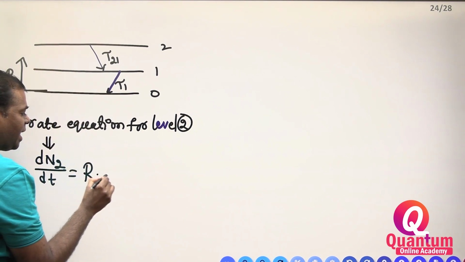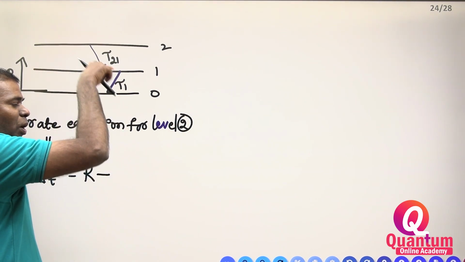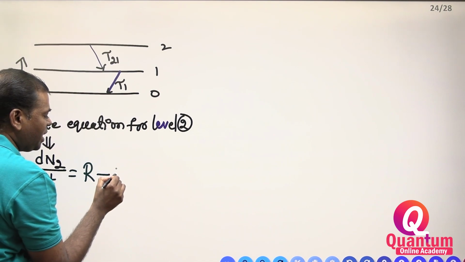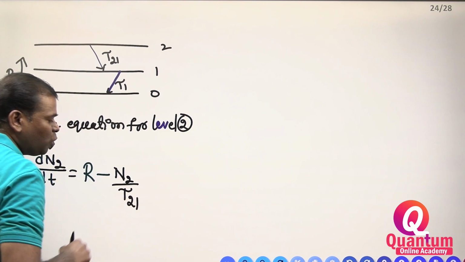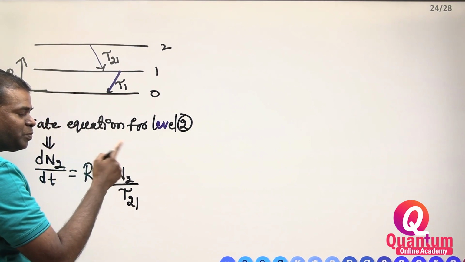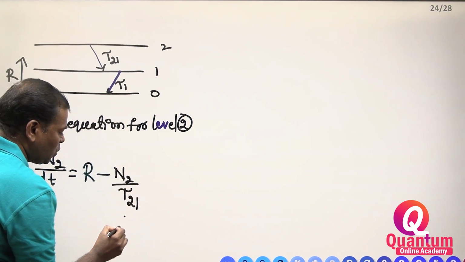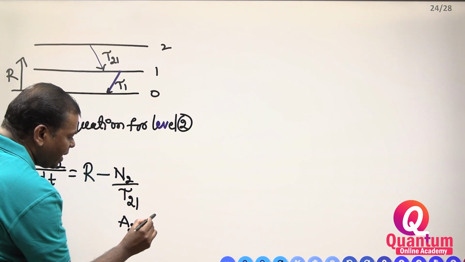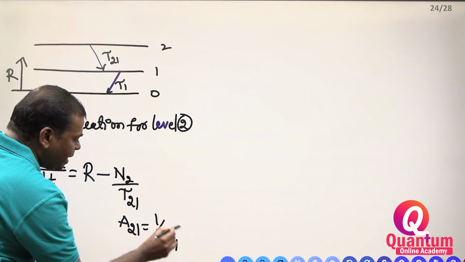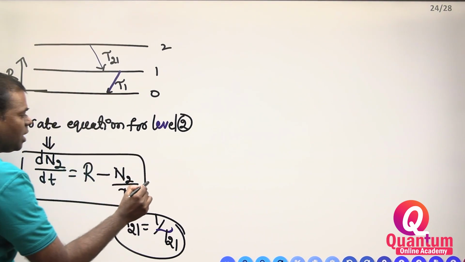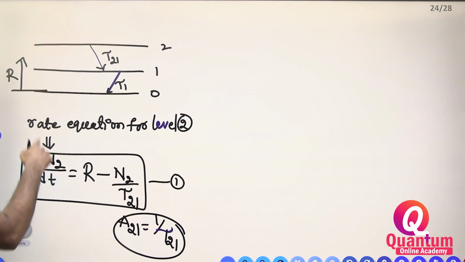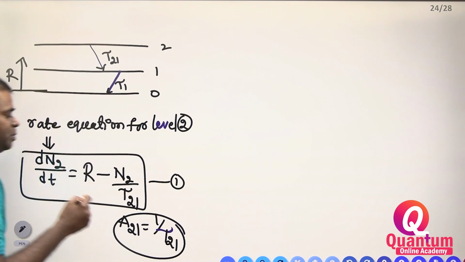From level 2 there is a spontaneous emission, that emission is N2 divided by tau 21. A21 is equal to 1 by tau 21. This is equation number 1. This is the first rate equation corresponding to level 2.